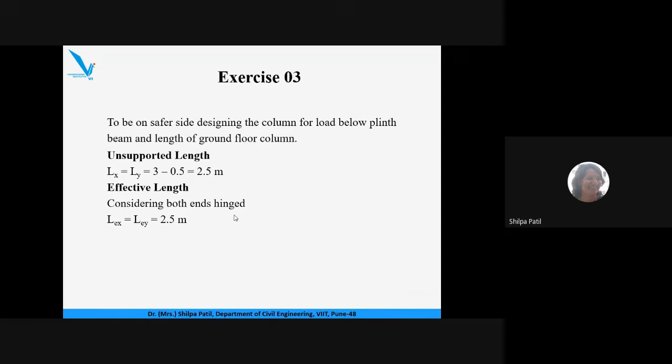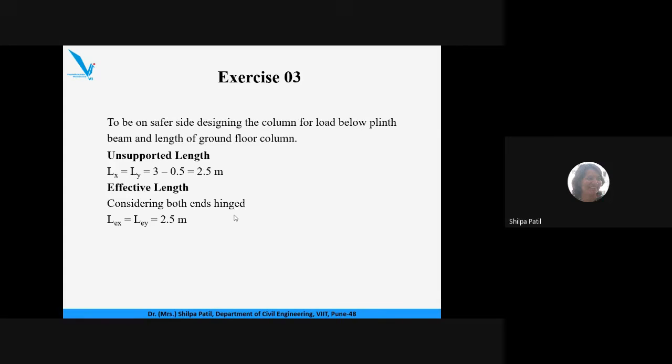If my slenderness ratio is less, my load carrying capacity will be more. This is the relation. And if my length is more, my slenderness ratio will be more, and if the slenderness ratio is more, the load carrying capacity of a column will get reduced. As the slenderness ratio increases, the load carrying capacity of a column decreases. Always keep this in mind.